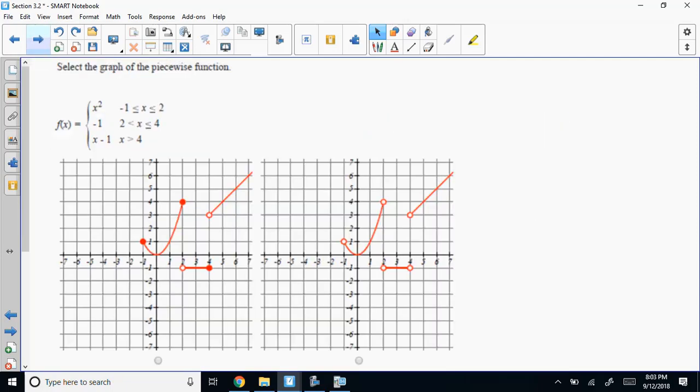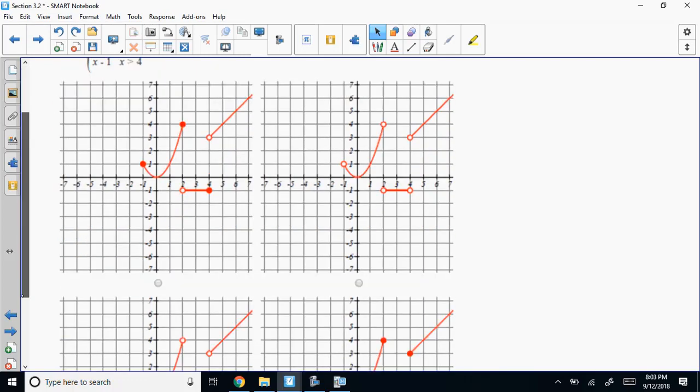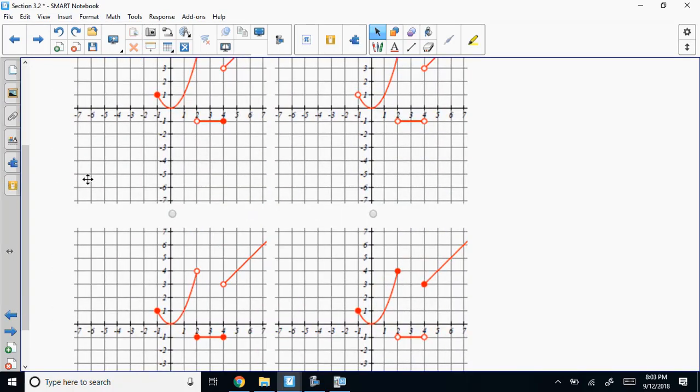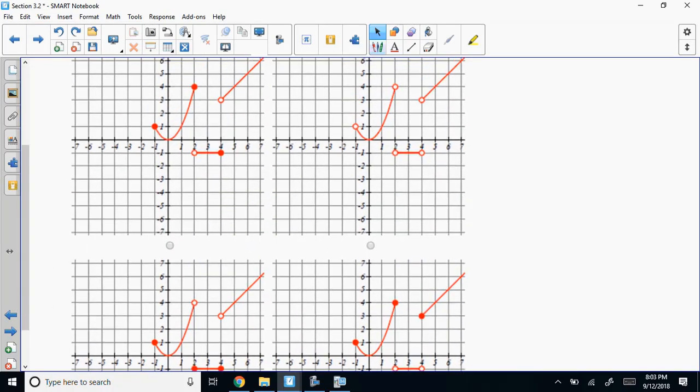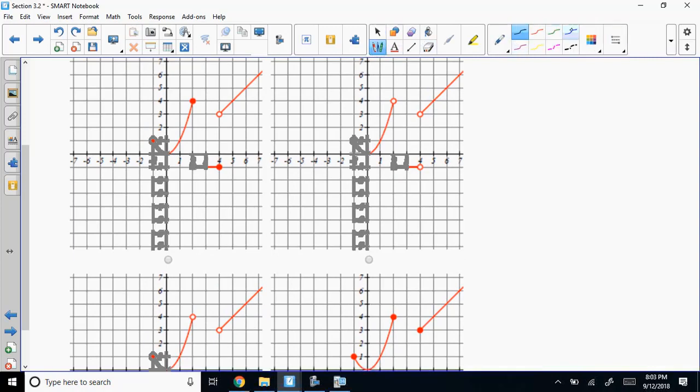All right, this should be the last one in this section, right? Okay, so given what I have told you thus far, if this one's A, that one's B, that one's C, and this one's D, could you pick what graph goes with the piecewise that's there?